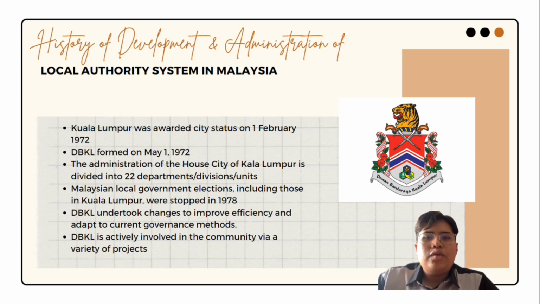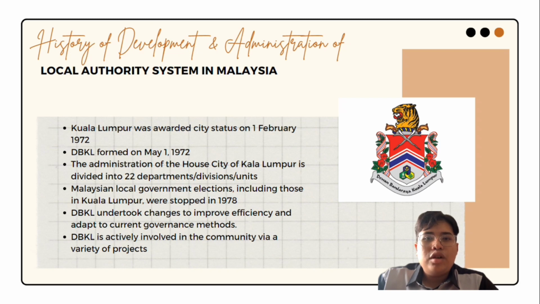With the integration of digital systems for improved service delivery, communication and information dissemination, embracing technology has become a critical part. Moreover, DBKL is actively involved in the community via a variety of projects, public forums, town hall meetings and more.